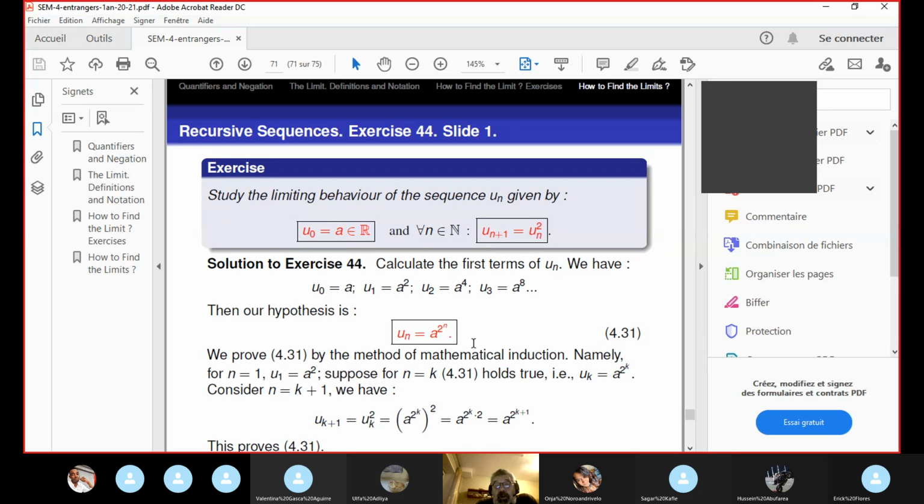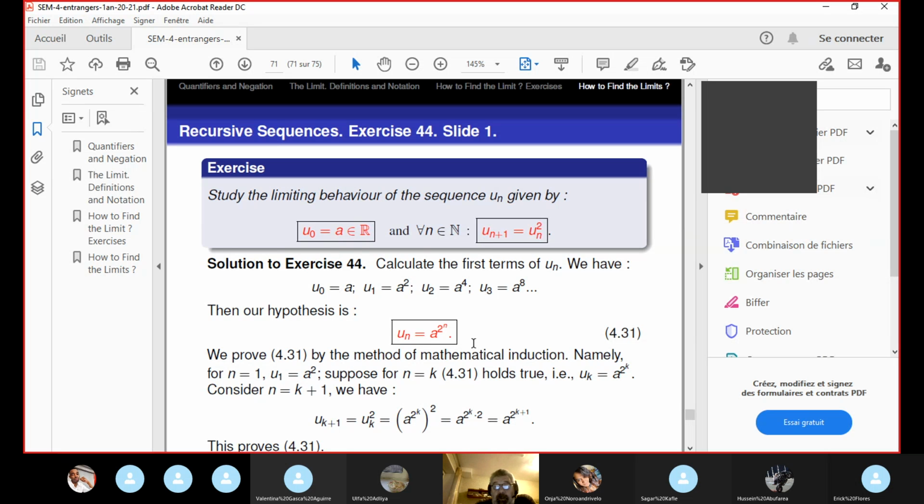Then, first of all, let's calculate. You see, why do I want to calculate the first terms of my sequence u sub n? Because in this simple case, it is possible to give the general formula for the nth term of my sequence. It is a recursive sequence, but for some recursive sequences, we can find the nth term.